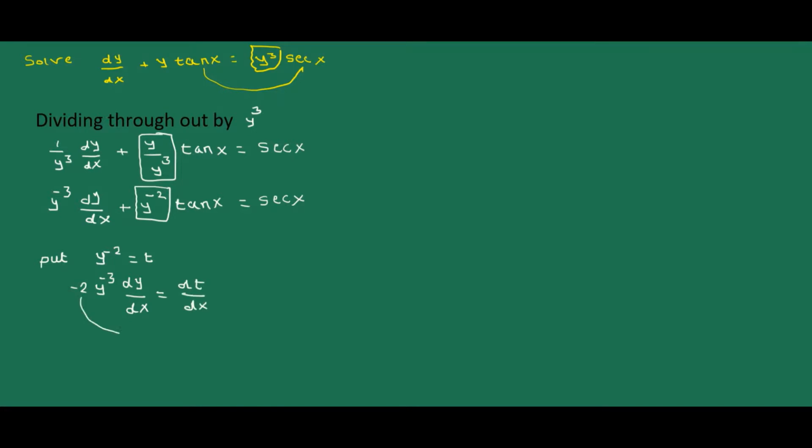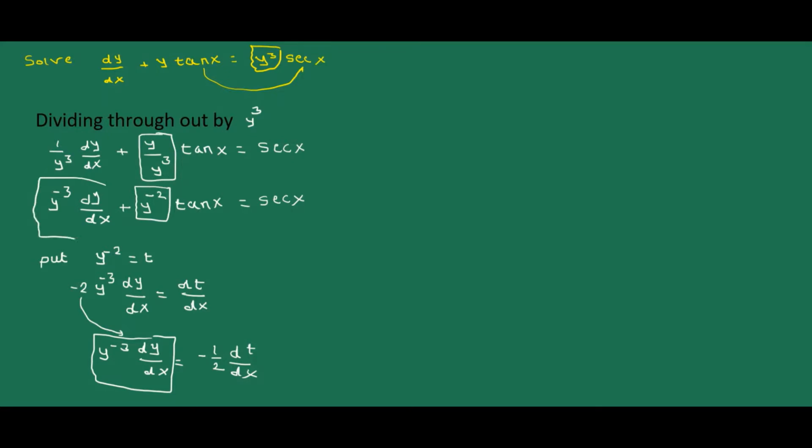Transpose this minus 2 to the right hand side: y raised to minus 3 into dy by dx is equal to minus 1 divided by 2 into dt divided by dx.